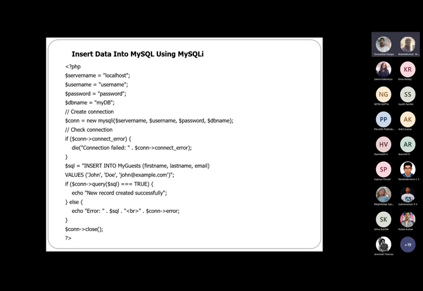You need to establish a connection. To establish a connection, you need to give the server name, username, password, and database name. You need to check whether the connection is established properly, else you display an error message. The next step, once the connection is established, is to assign an SQL statement to a PHP variable. Here $sql is a variable where you assign the SQL statement that has to be executed.